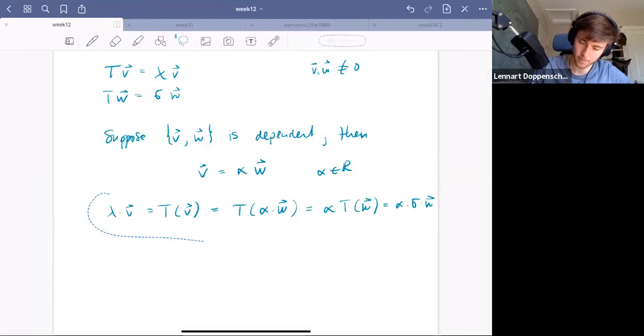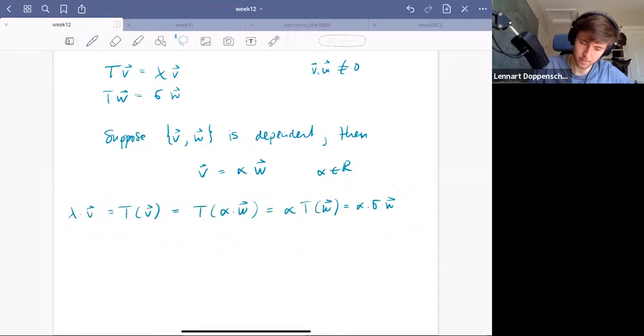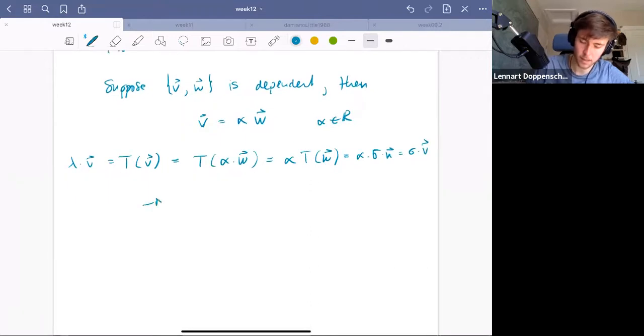But now, alpha times W is still V, so this is equal to sigma times V. So this means that lambda V minus sigma V, which is lambda minus sigma times V, is equal to 0.